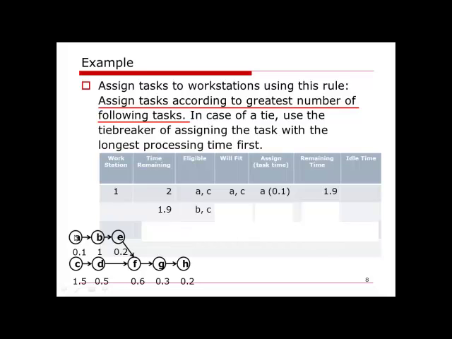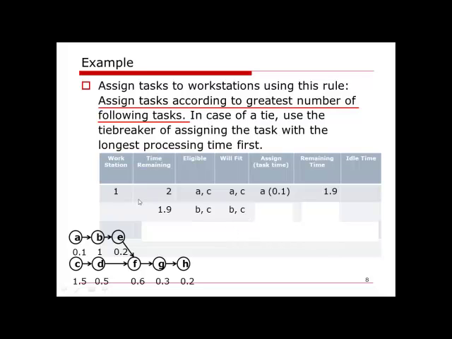Now, since A is already done, we can start working on B. So the eligible tasks are B and C. Both of them will fit because B's processing time is 1 minute, C's processing time is 1.5 minutes, and both of these times are shorter than the remaining time of 1.9 minutes. So both of them will fit.